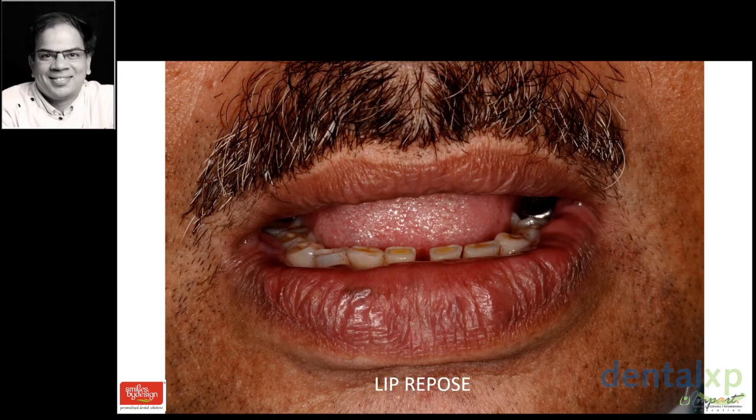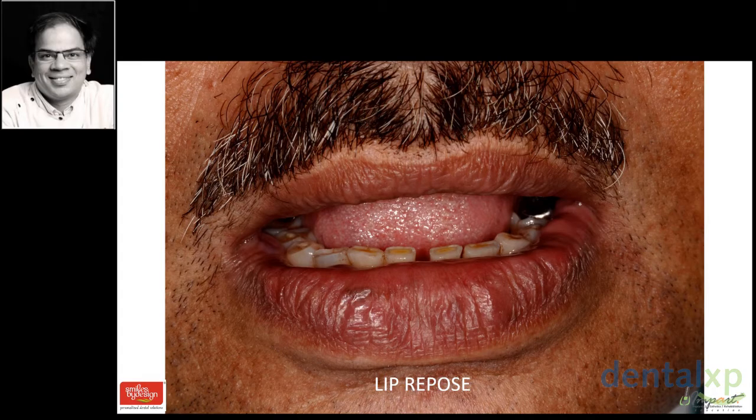The next picture would be of a patient in lip repose. So when the patient says words containing M, like Emma, when he finishes saying that word, the teeth are a little separated from each other and the lip is at rest position. At that point, I want to see whether the patient displays any of the upper cuspids and the incisors or not. If he does not display the upper cuspids, then based on the cuspid zero concept, I would like to increase the length of the upper cuspid so that they come in line with the upper lip when the lip is in repose.